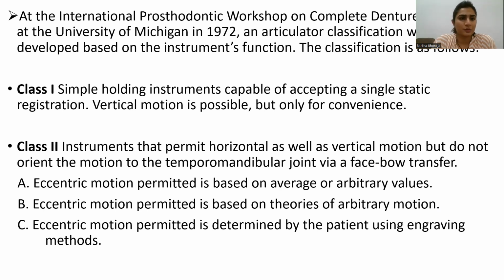The first class was simple holding instruments capable of accepting a single static registration. Vertical motion is possible, but only for convenience. That is, the instrument is going to hold your maxillary and mandibular casts in an opening and closing axis.